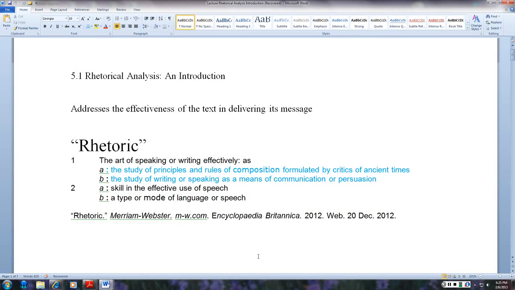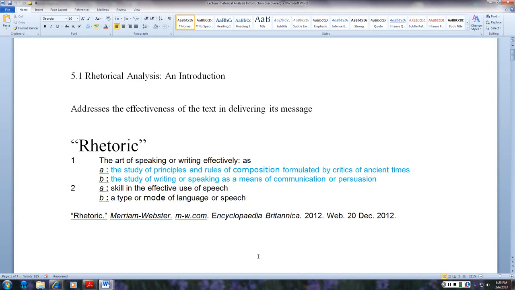If we look at a definition for rhetoric, which comes from Merriam-Webster, we see that rhetoric is the art of speaking or writing effectively. It includes the study of principles and rules of composition formulated by critics of ancient times, the study of writing or speaking as a means of communication or persuasion, skill in the effective use of speech.